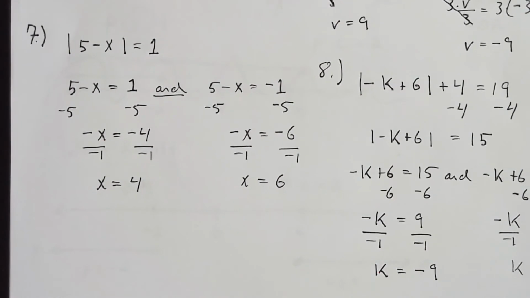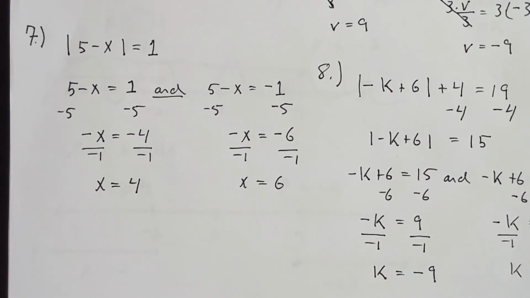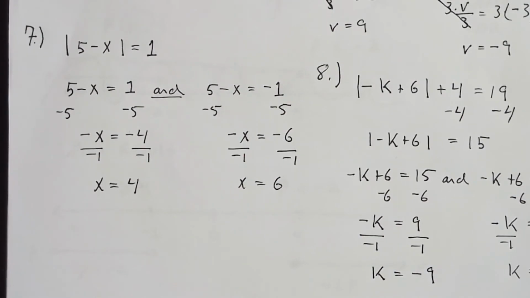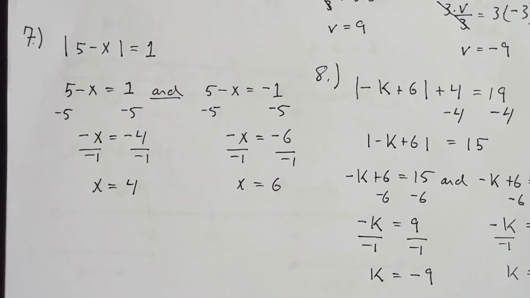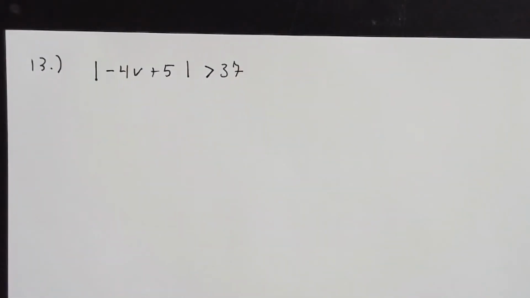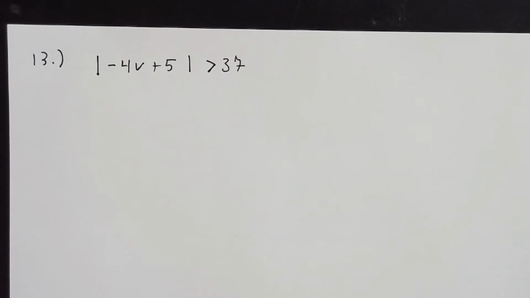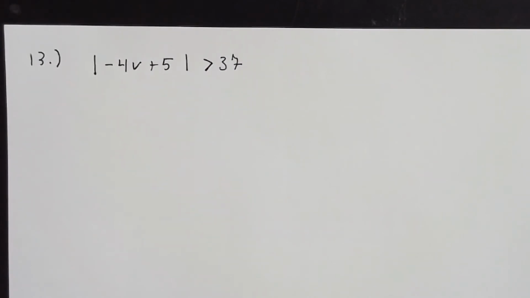On number 7, we had an absolute value, 5 minus x is equal to 1. And all we did was drop the absolute value bars and then set that to positive and minus 1. On this one, we have basically the same structure, but instead of an equal sign, we have a greater sign, or an inequality sign.